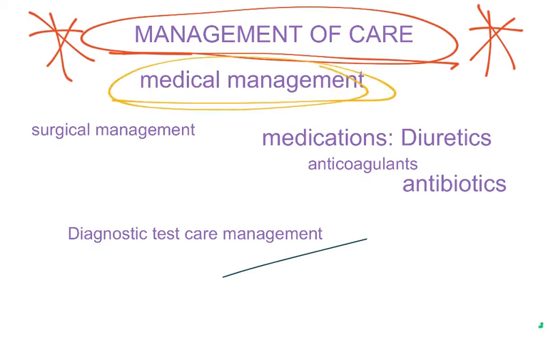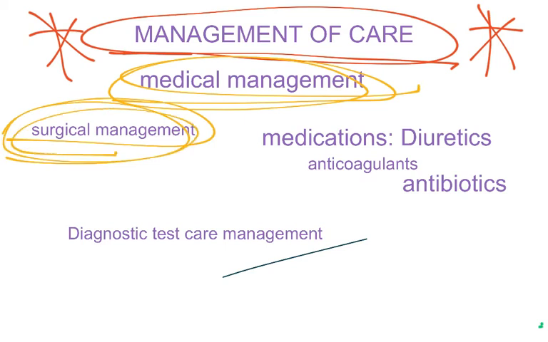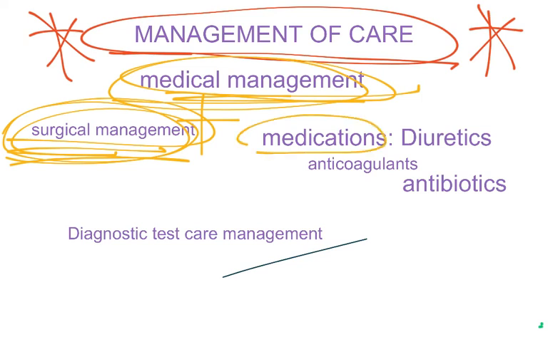We have the medical management, we have the surgical management, right? And in this case, depending on how severe the stenosis is, the patient will have medical management and or surgical management. Key medications: diuretics, right?